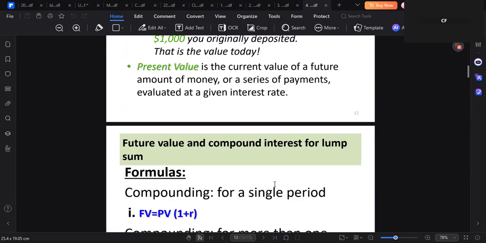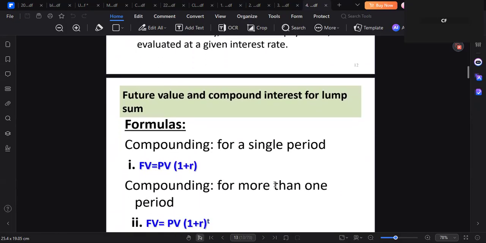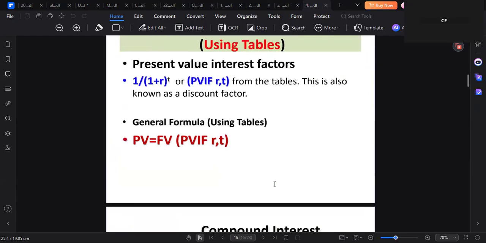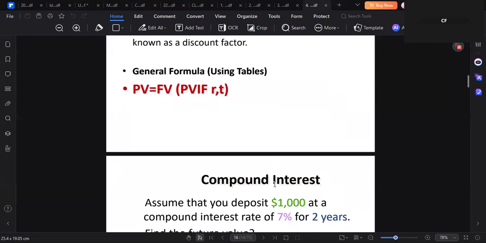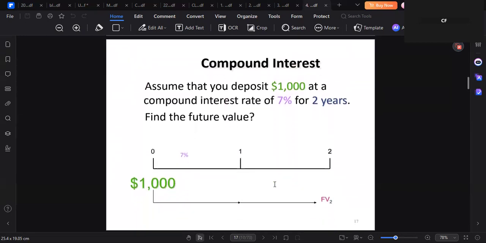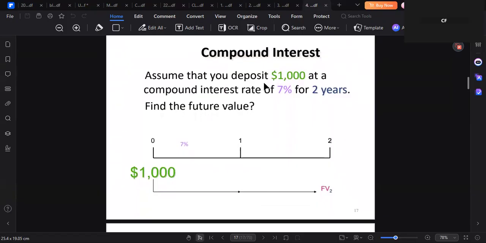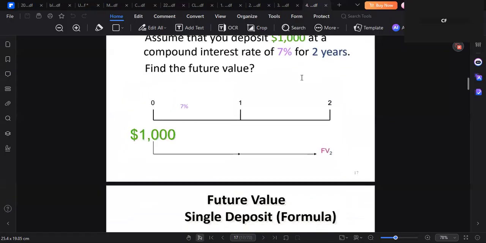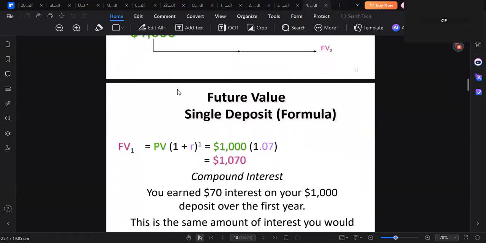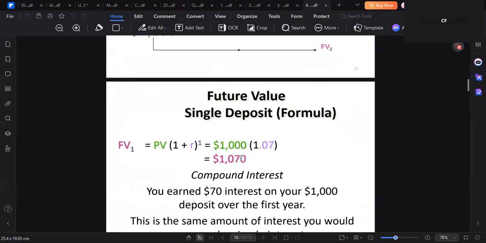We also have compound interest, where you compound on the previous amount that you had. So it is given by future value is equal to present value times 1 plus R to the power time. So we want to calculate the same amount using the future value formula. Using the formula here of a single deposit, 1 plus R to the power time, for the first year you make 1070.